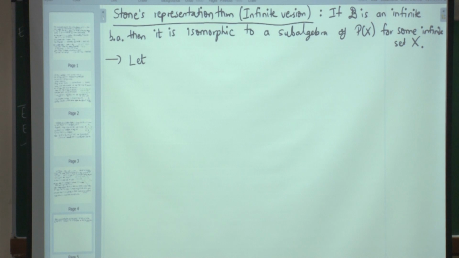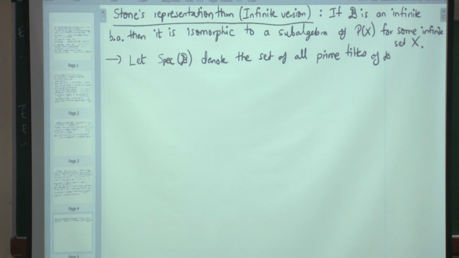Now it's common practice, I'm going to give you some advanced notation. Let spec of B denote the set of all prime filters of B.